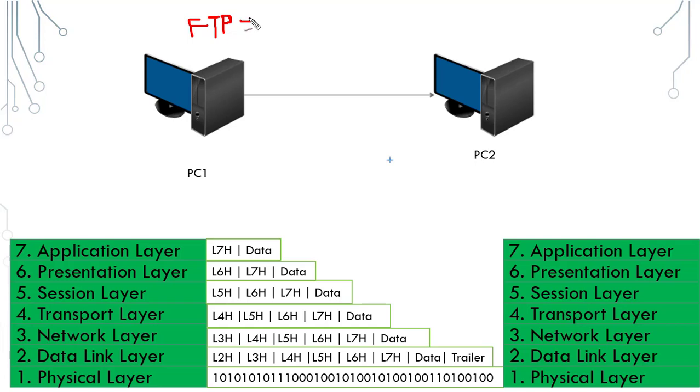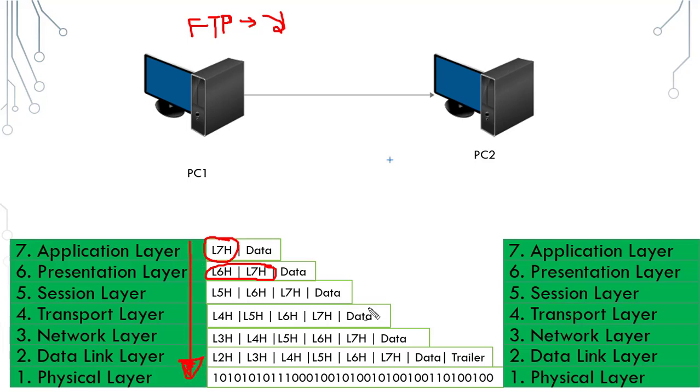It uses port number 21. At layer 7, the application layer is going to insert its own header. Layer 6 is going to insert its own header, and the encapsulation process would begin.